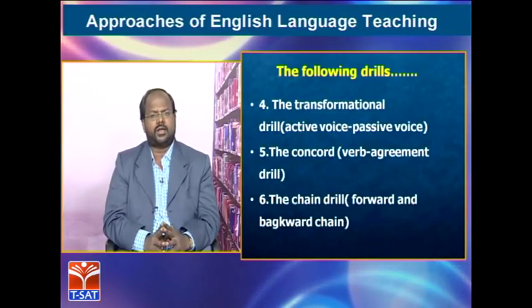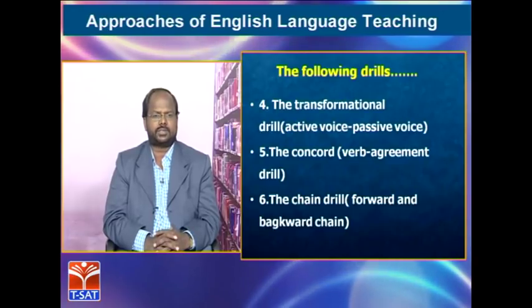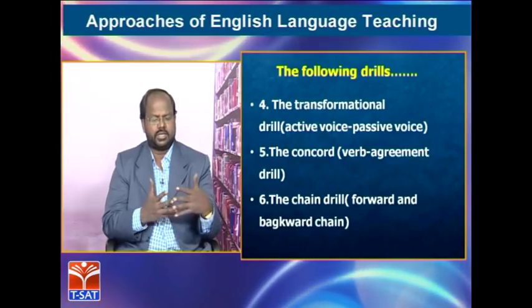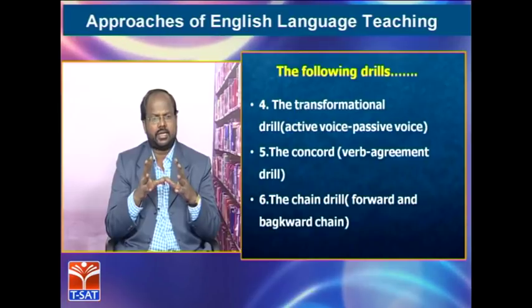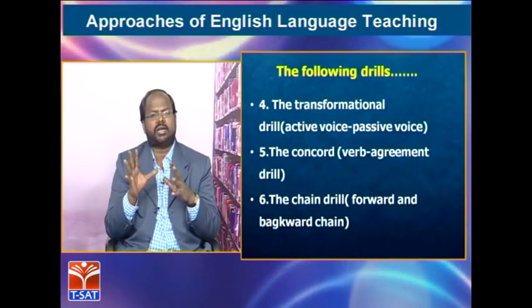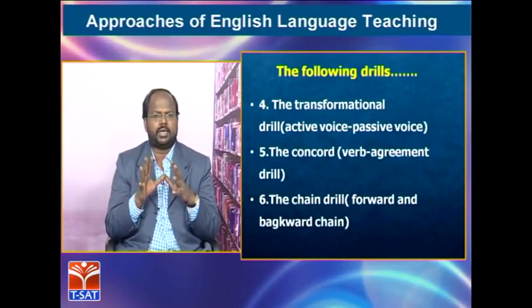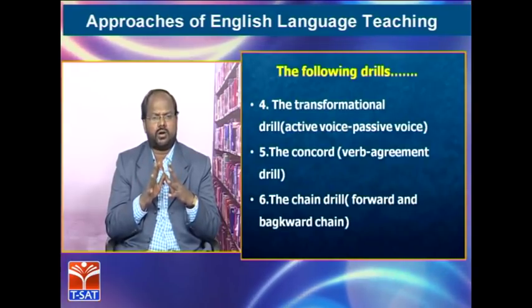The learners are expected to change them into the passive voice. The fifth one, the concord drill. Concord means verb agreement. In a sentence, the agreement between subject and verb should be done properly. It talks about the verb agreement drill, also called concord.